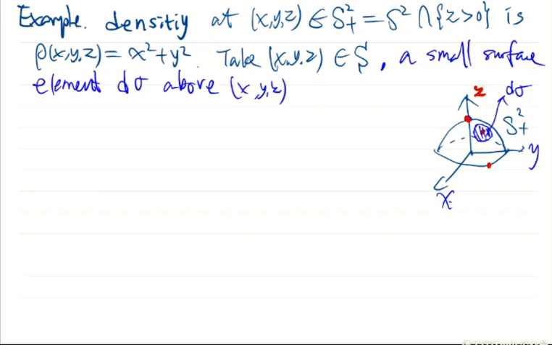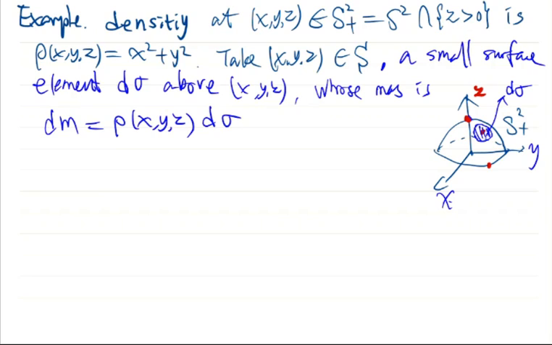So the mass of this surface element should be dm equals the density at (x, y, z) multiplied by the area of this surface element, still denoted by d sigma.